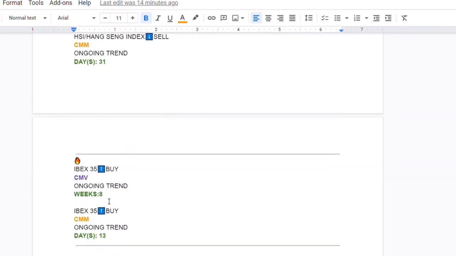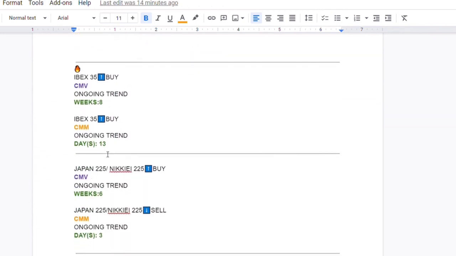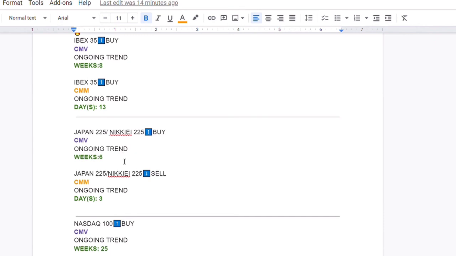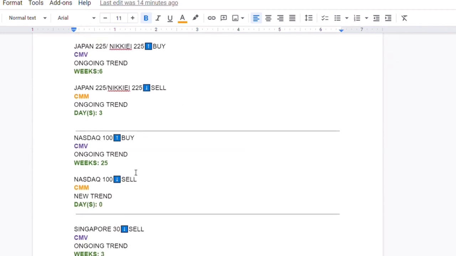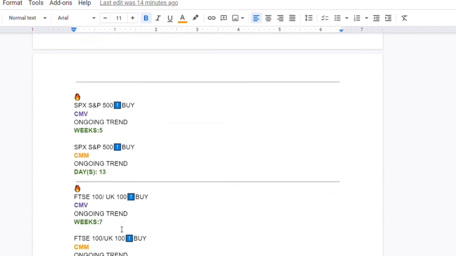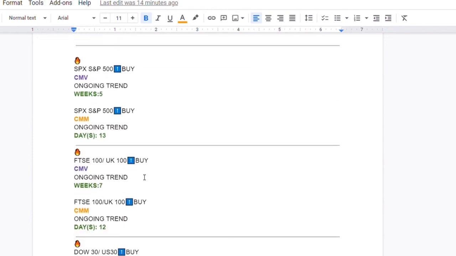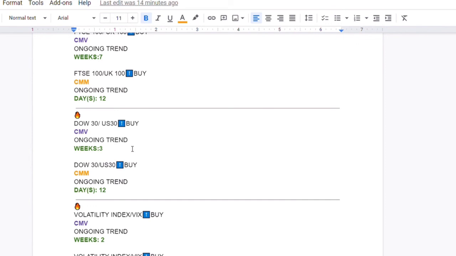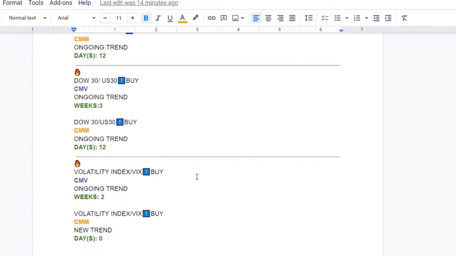We also have the IBEX. We have Japan, the Nikkei 225. We have the Nasdaq. We have Singapore, S&P 500, the UK 100, the Dow Jones, and last but not least, we have the VIX, also known as the Volatility Index.